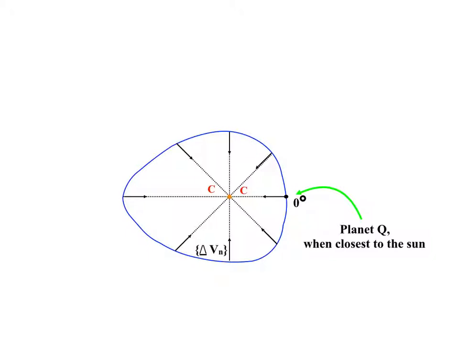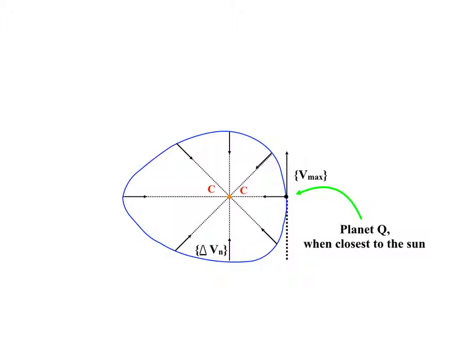We will label that point where planet Q is closest to the Sun as 0 degrees. And we will call its velocity here Vmax. I have extended the tail here just to remind you that Vmax must be tangent to the orbital path.